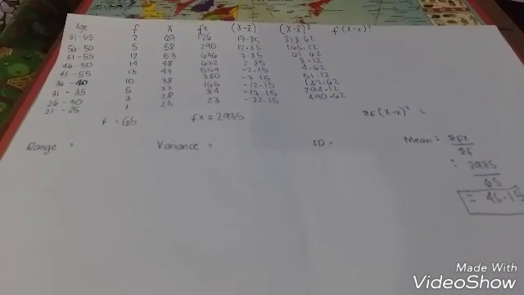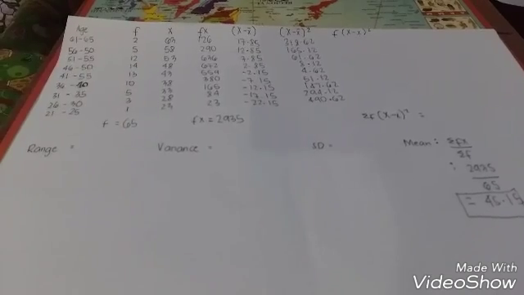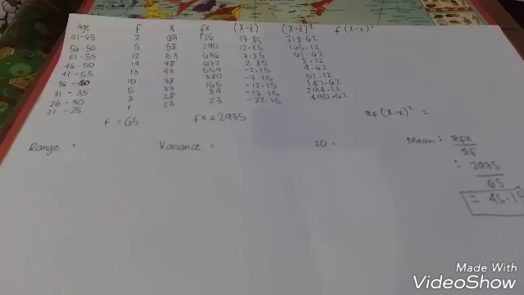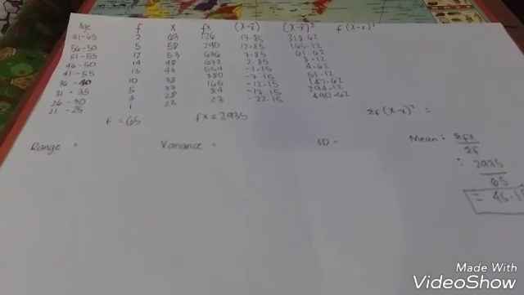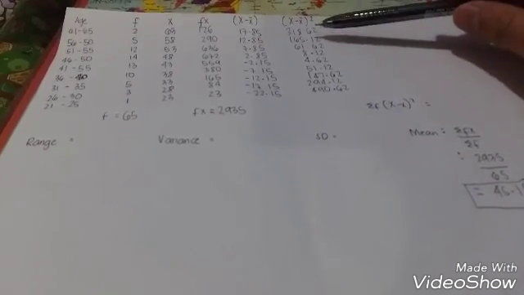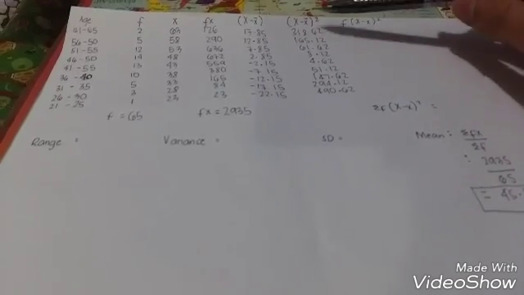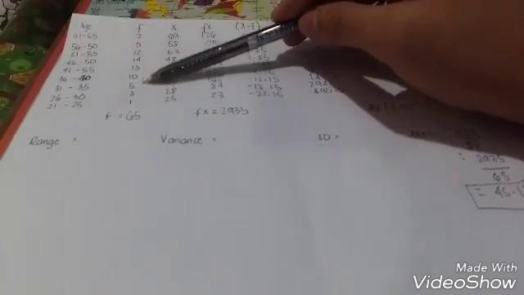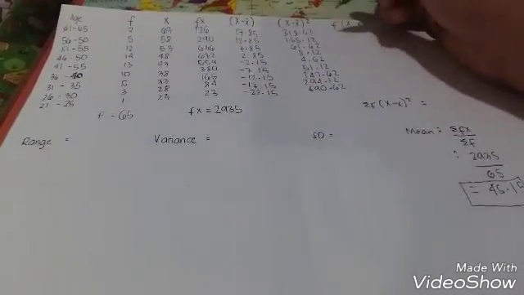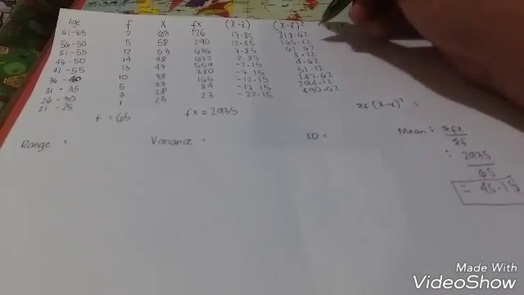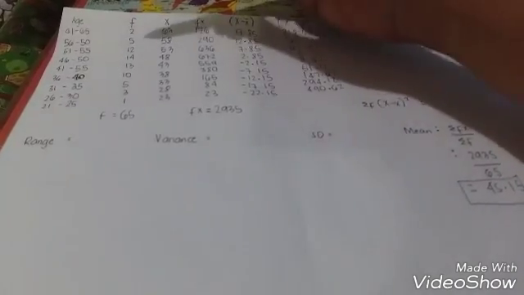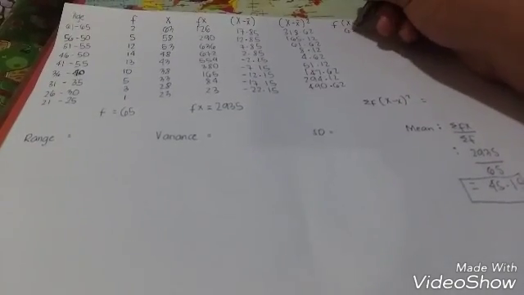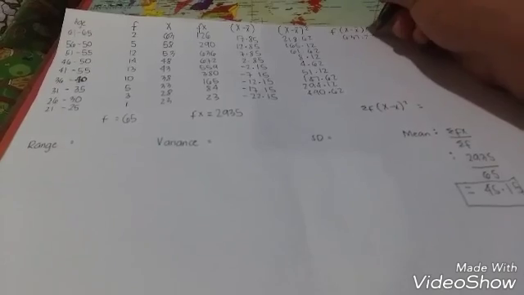So in getting the frequency times class mark minus mean squared, you will just multiply the numbers in this column by the frequency column. So 318.62 times 2 is 637.24.